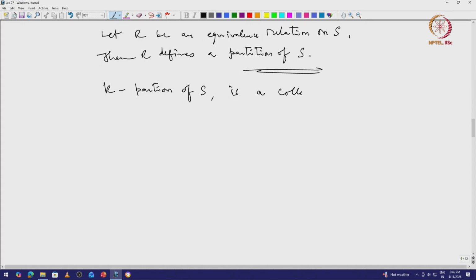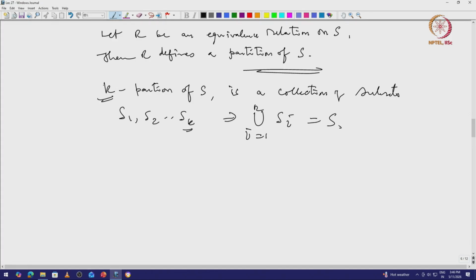A collection of subsets S1, S2, ..., Sk, such that the union of Si for i equal to 1 to k is S, and Si intersection Sj is empty if i is not equal to j.